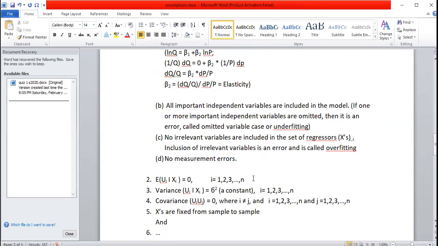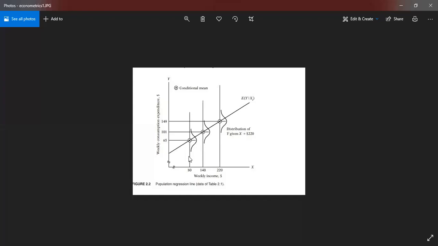Each value of x is giving you a distribution of u. And what is the mean of that distribution of u? 0. This is very weird, but this is what you should know: the mean of u when x equals 80 is 0. The mean of u when x equals 140 is still 0. The mean of u when x equals 120 is 0.